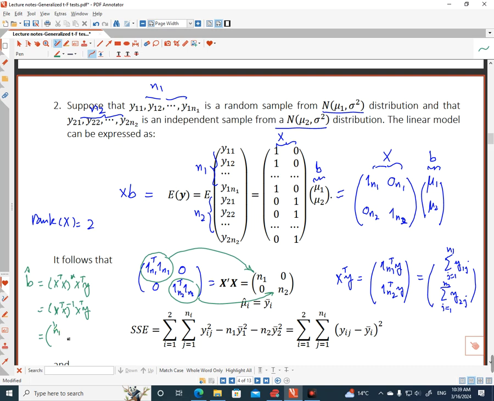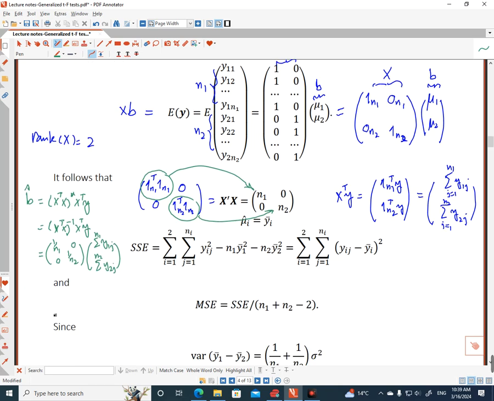So it is 1 over n1, 1 over n2 for the diagonal entries, and then we have x prime y, the summation of y1j, the summation of y2j, and simply it gives you, if you do the computation, y bar 1, y bar 2.